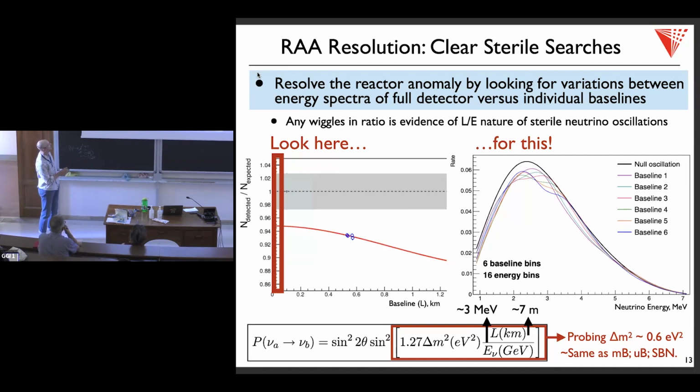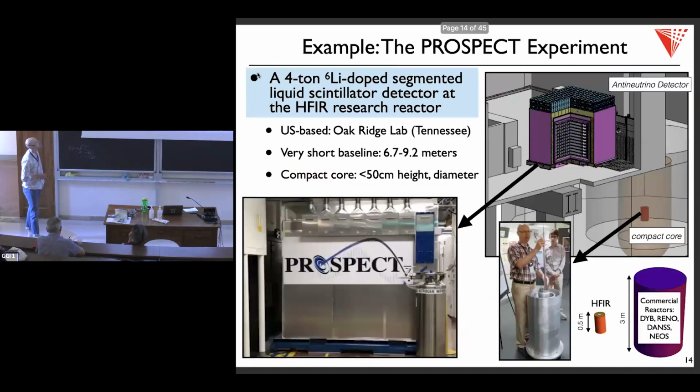This kind of observation would be a telltale sign of sterile neutrinos. You can be sensitive to distortions at the same delta m squared.